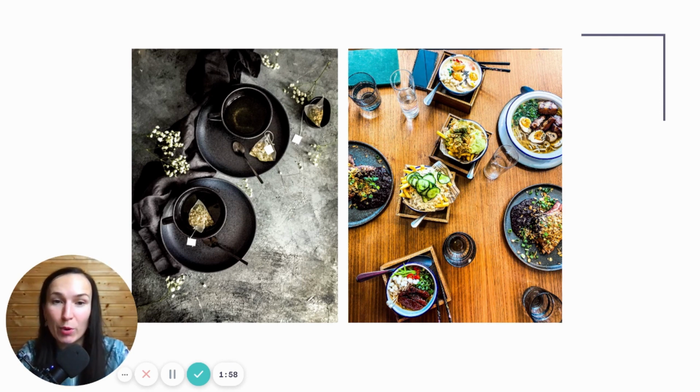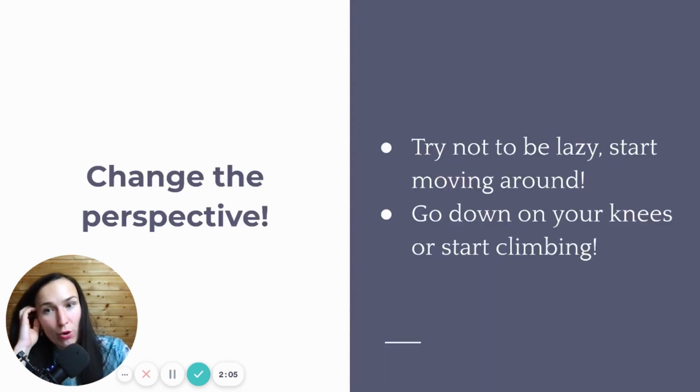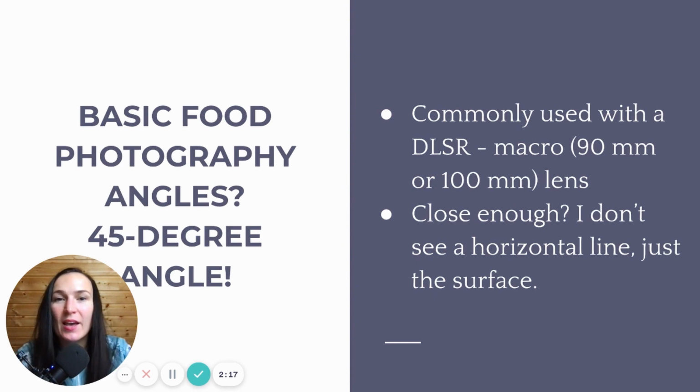But it is popular because it just works and it's eye-catching. So change the perspective and try not to be lazy and start moving around. Go down on your knees or even start climbing for better viewpoints.